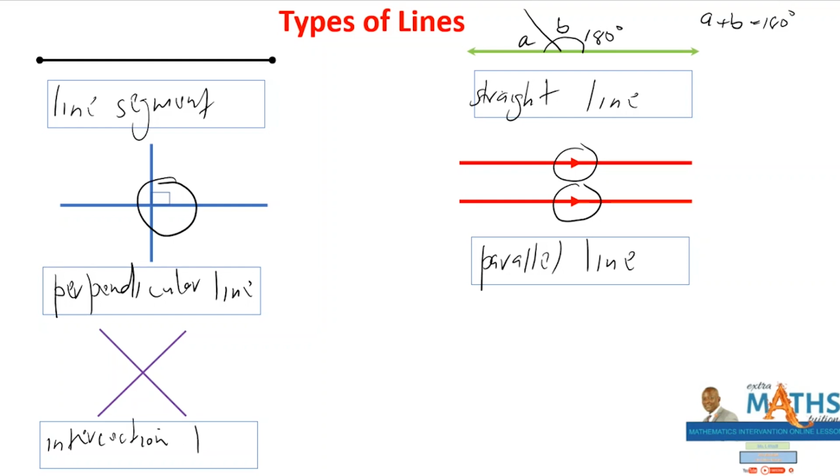They intersect at this point. Let's say this is angle A and this is angle B. They are vertically opposite angles and they are equal. Don't forget that.